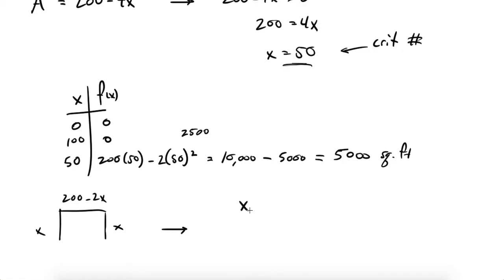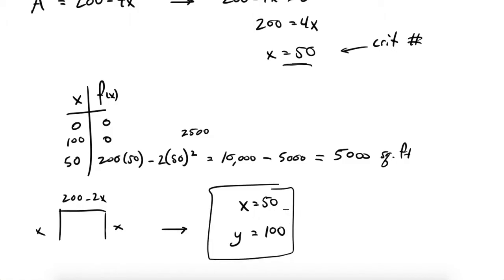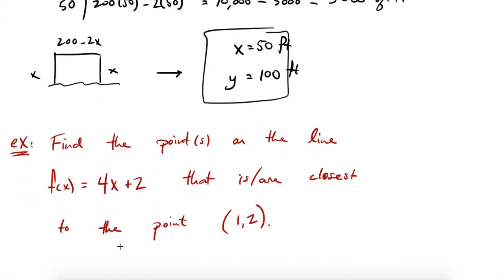So the dimensions of the pen will be x is equal to 50 and y is equal to 100, right? Those are the dimensions that will maximize the area. Okay, so this should feel a lot like extreme value theorem problems, except that now you've also got some extra context where you have to come up with the equations yourself. You're sort of doing word problems.